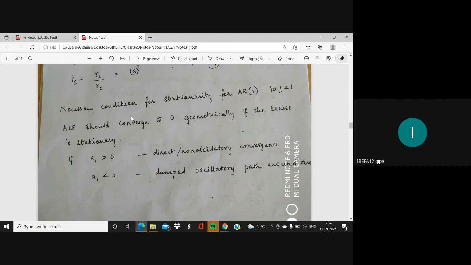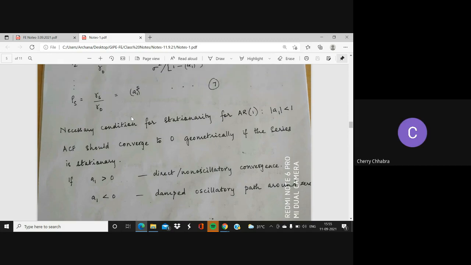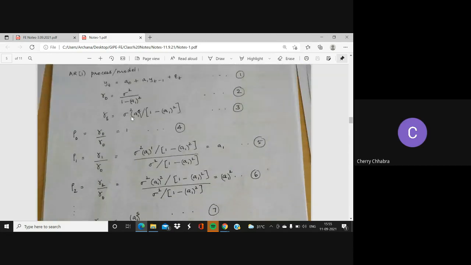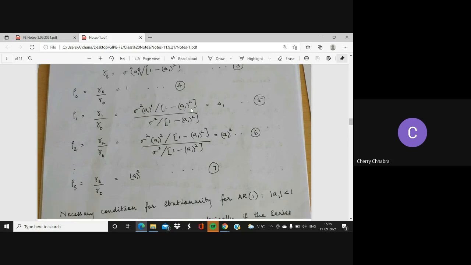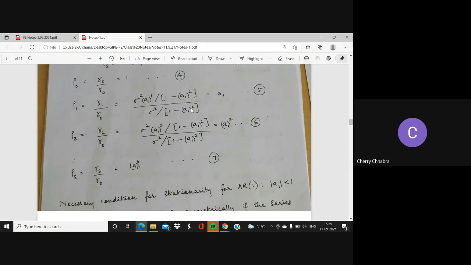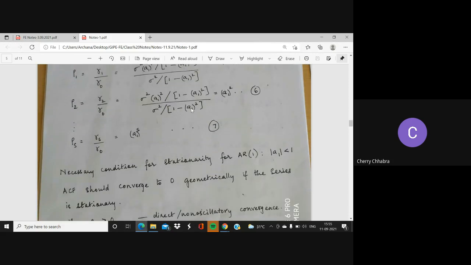Since A1 is not supposed to be negative and should be less than 1, how would that come as a negative thing? This one you're talking about, equation 4. Ma'am, in the general formula, the seventh equation, rho s would be equal to A1 to the power of s.